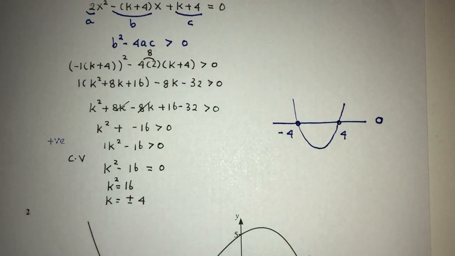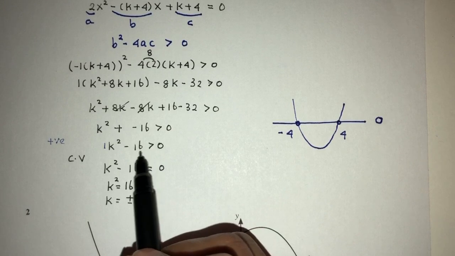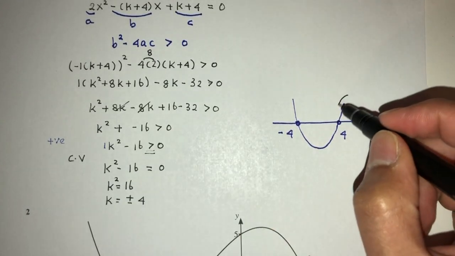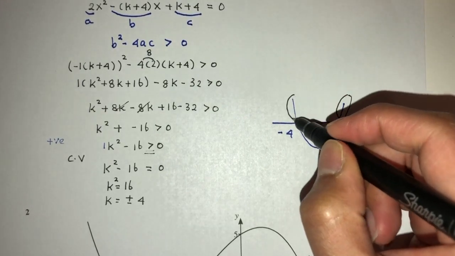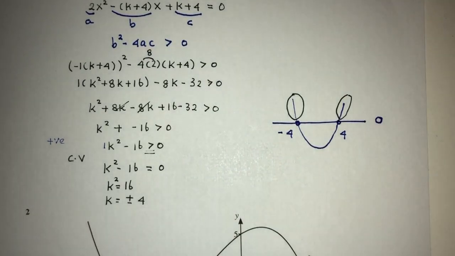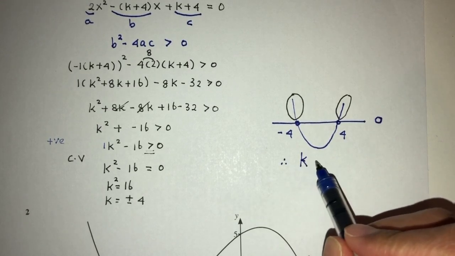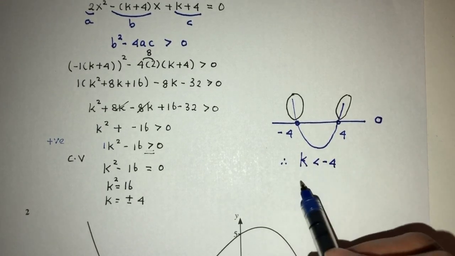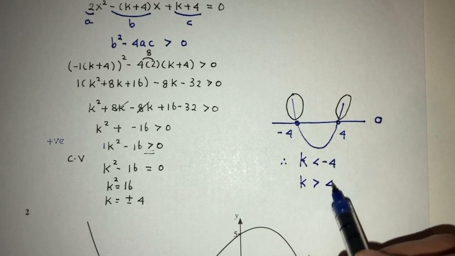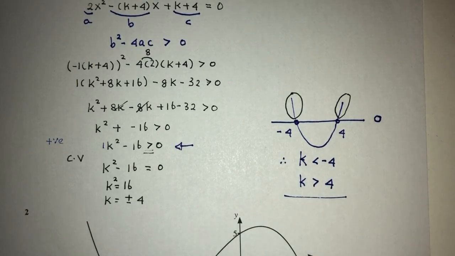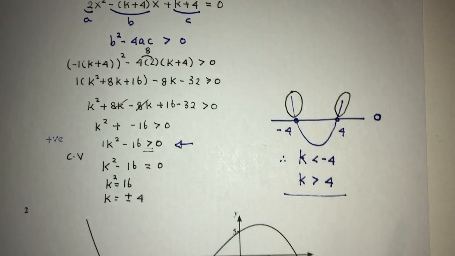But based on the requirements, it has to be more than 0. So more will be on top and on top. Based on that, I can conclude k must be less than minus 4, and k must be more than 4 for me to satisfy my equation. So this will be my answer for question number 1.